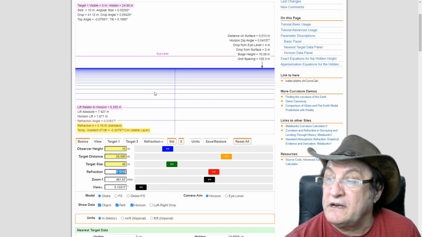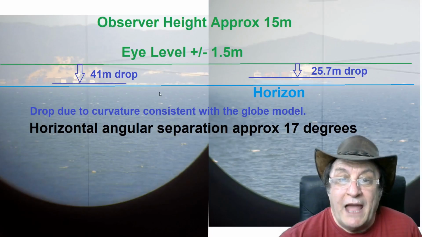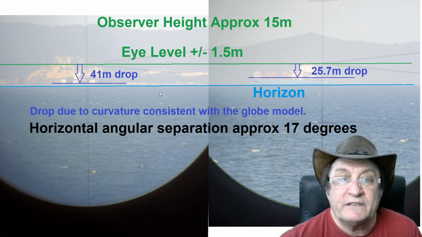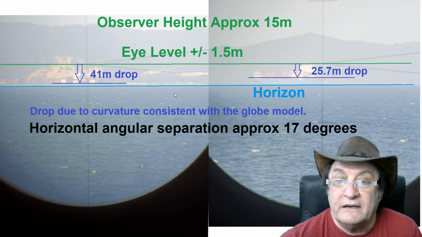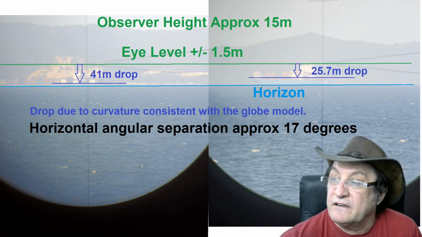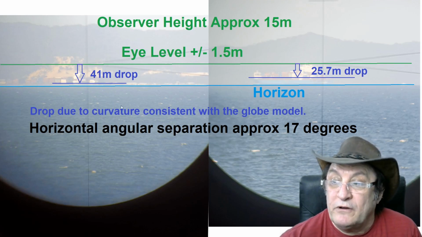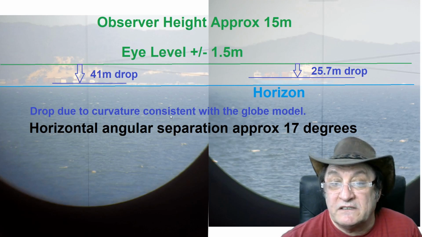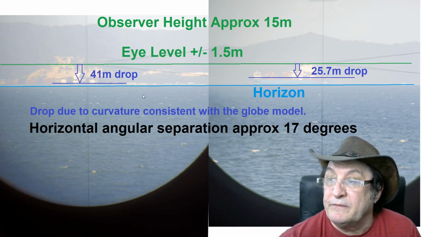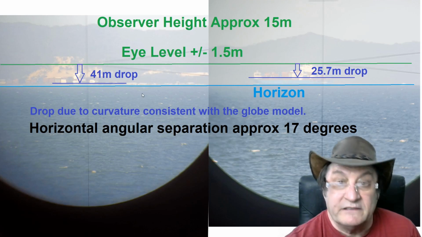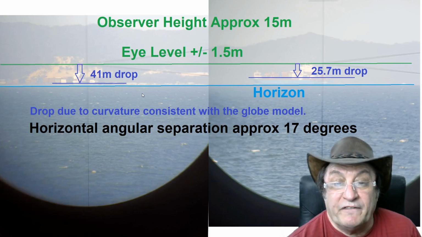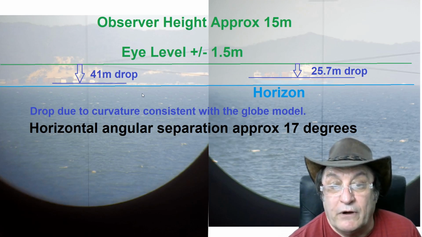So there's that one and the next one, and I've marked the expected drops on the diagram. And they do fit very well with what is observed. So the drop due to curvature is consistent with the globe model. Very consistent. Just remember that on a flat Earth there should be no drop.